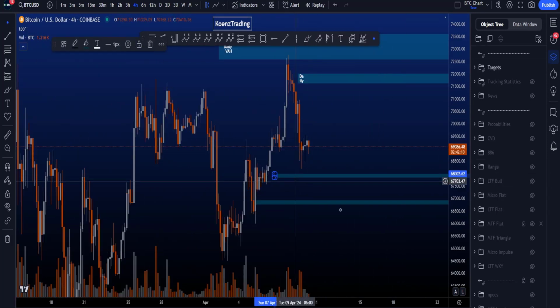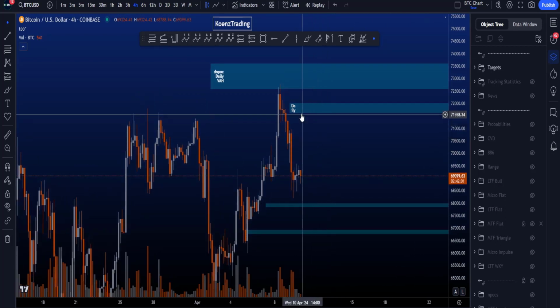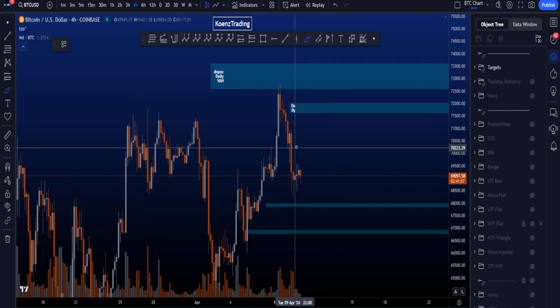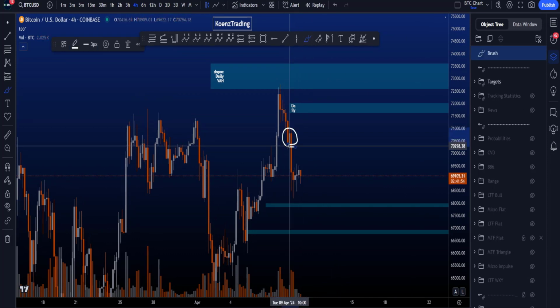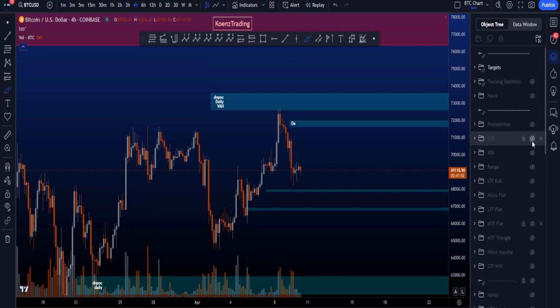As you can see, the blue box here, 67.8k to 68k, another one 66.7k to 66.9k, and above price we have this blue box here, 71.6k, 72k. Do keep in mind this little order block can also react as a bit of resistance.